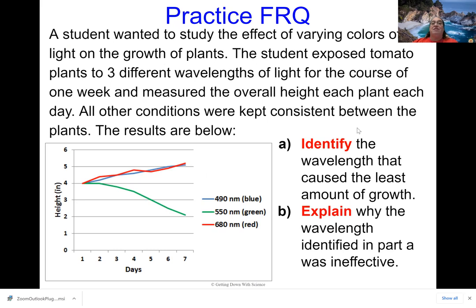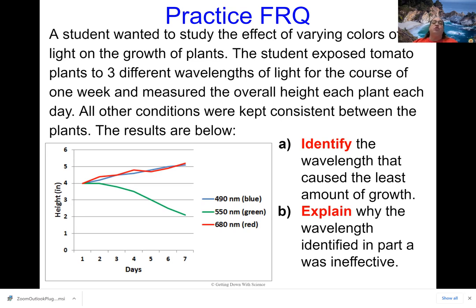Okay, we have a practice free response question. A student wanted to study the effect of varying colors of light on the growth of plants. The student exposed tomato plants to 3 different wavelengths of light for the course of 1 week and measured the overall height of each plant each day.